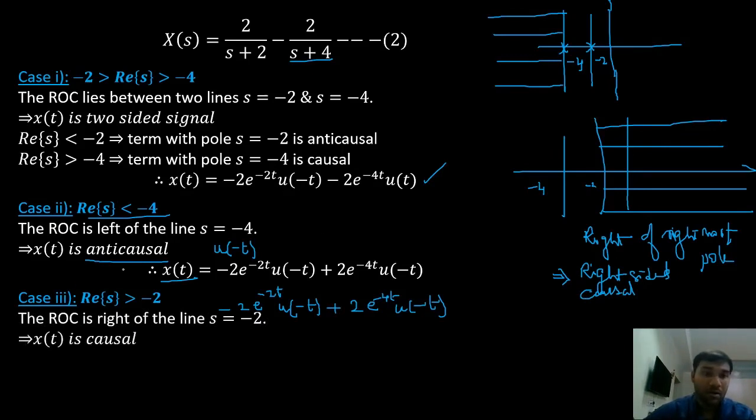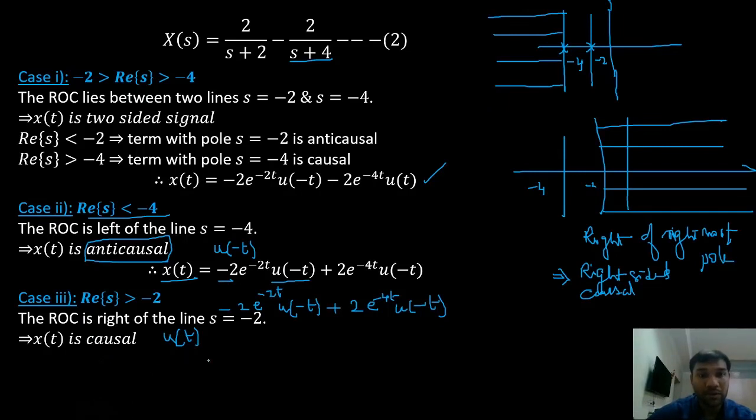Now, in the previous case, it was anti-causal. That is why we got u of minus t and a negative sign, right? Since it was anti-causal, I got a u of minus t term and a negative sign. Now, since it is causal, I'll have u of t and I will not have a negative sign. So what will be my x of t?